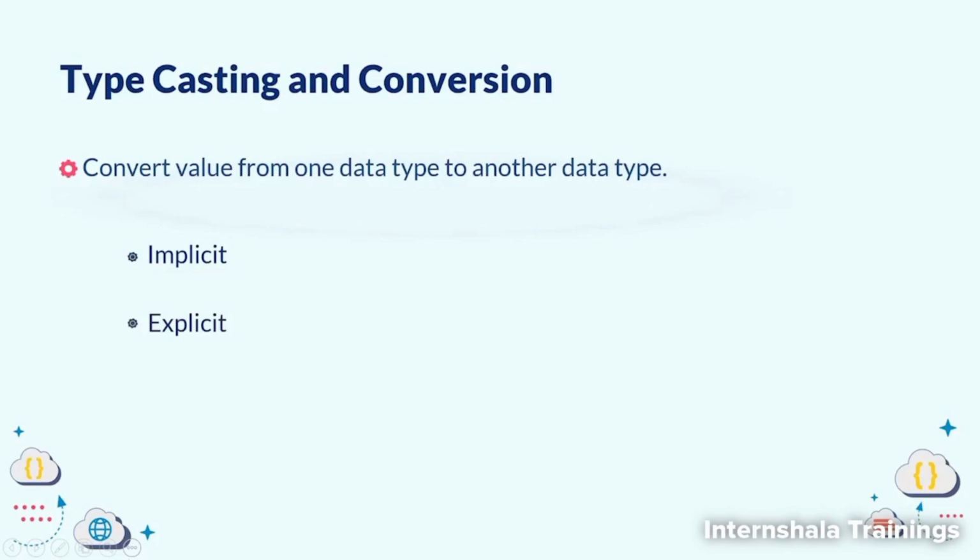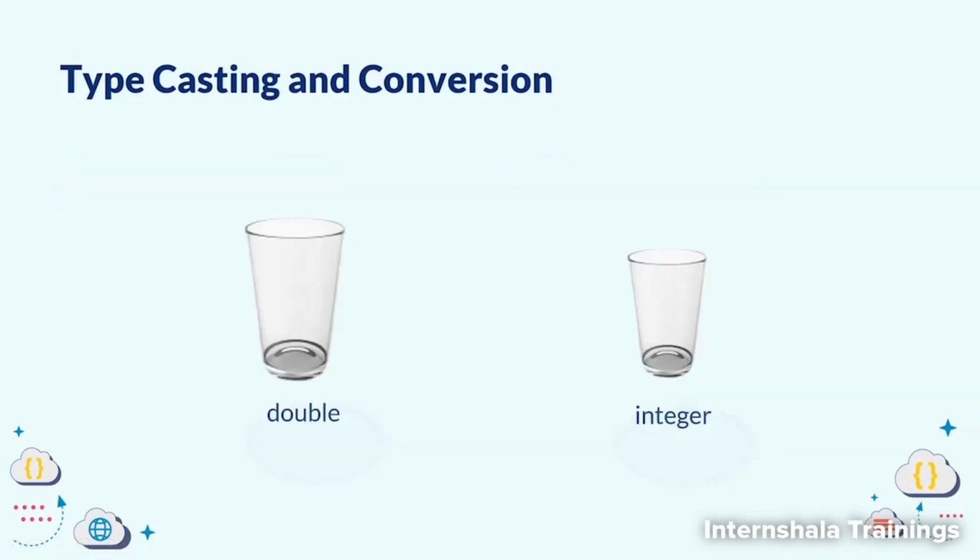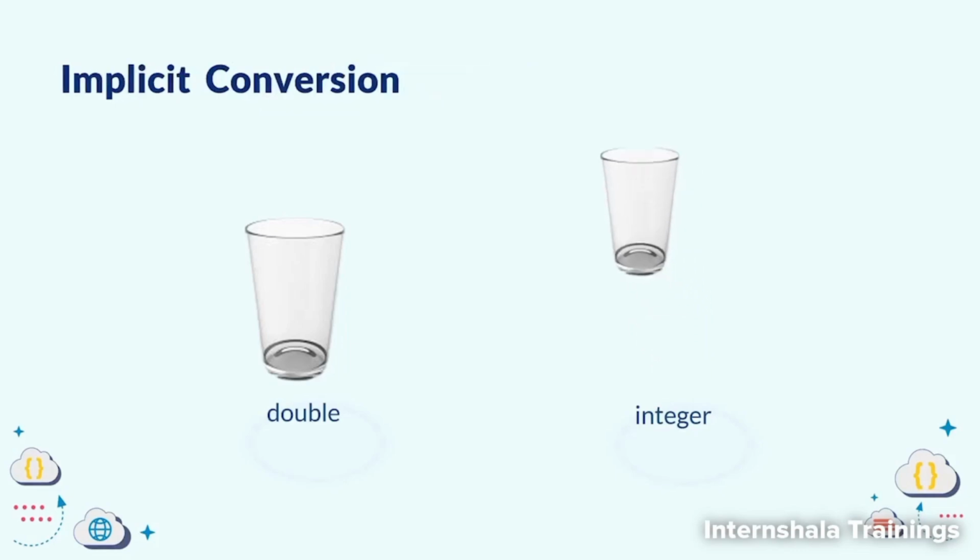For this, we'll consider that we have a double type class and an integer type class, which is smaller in size than the double type class. And I'm expecting that by now you know what these two types are. Now, as per the size, the integer class can be easily fitted inside the double type class if we try to do so.